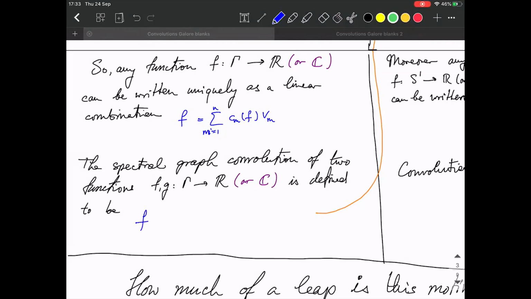If you take two functions on the graph, it's supposed to give me a new function, and what we do is just multiply their coefficients together. I need this to be a function, so the coefficient in front of V_m of the new function is just the product of the coefficients of the old ones.